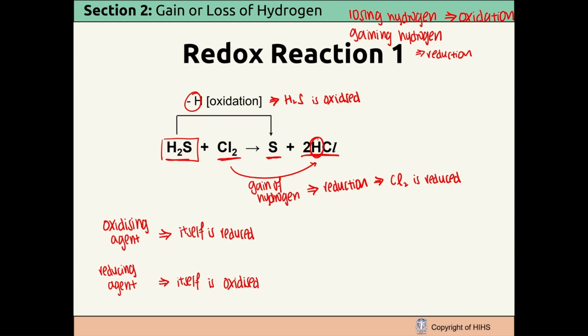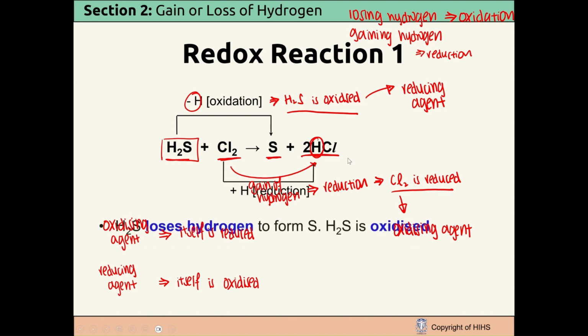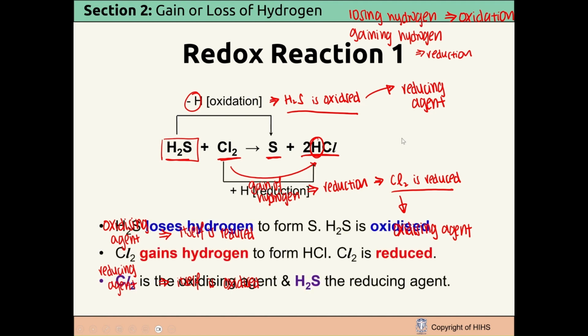So from here we determine who is reduced. Chlorine is reduced, so chlorine is the oxidizing agent. Then H2S is oxidized, so H2S is the reducing agent. Okay, so the explanation is here also. We'll move on to the next reaction.